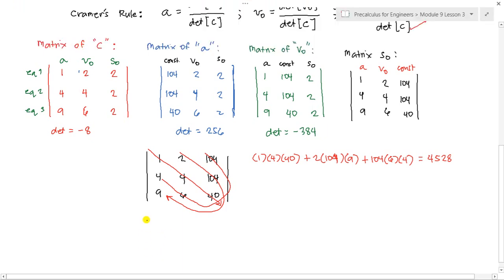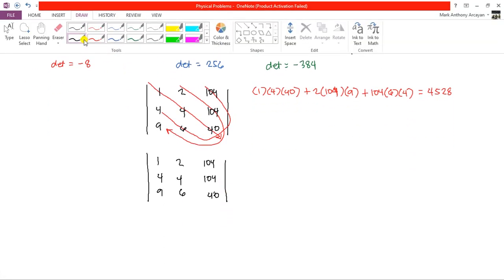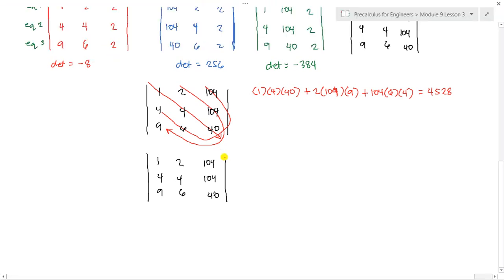Next, last. So we have here 149, 246, then 104, 104, then 40. So from top right to bottom left.